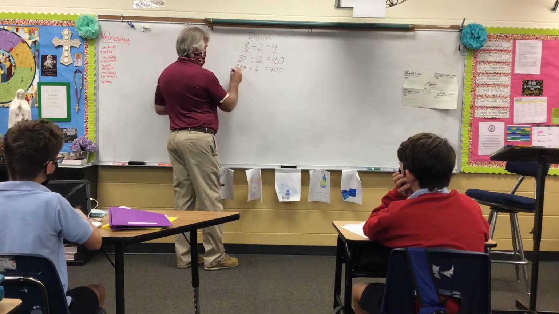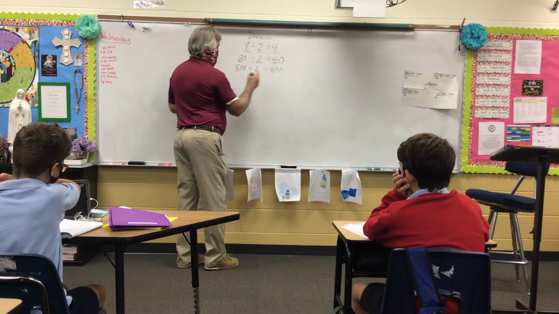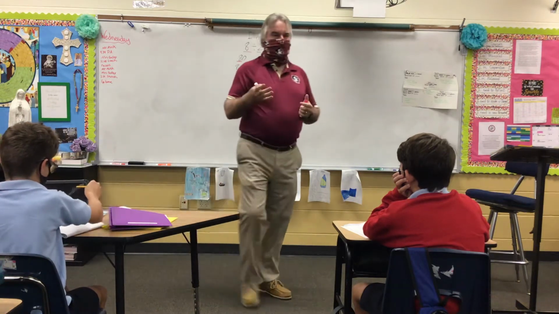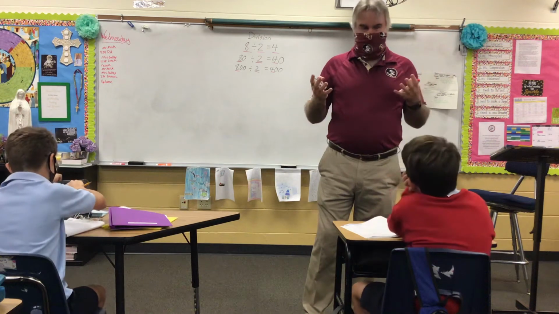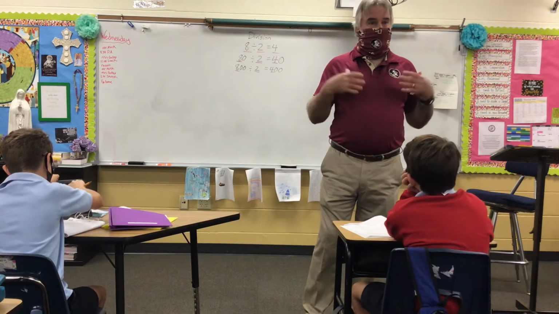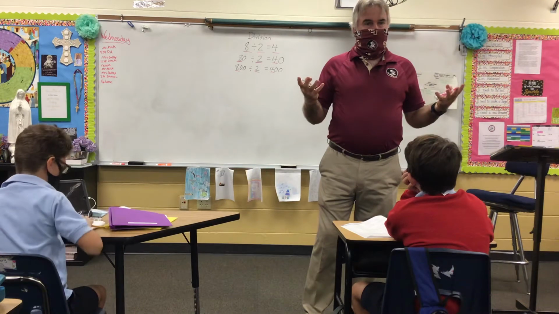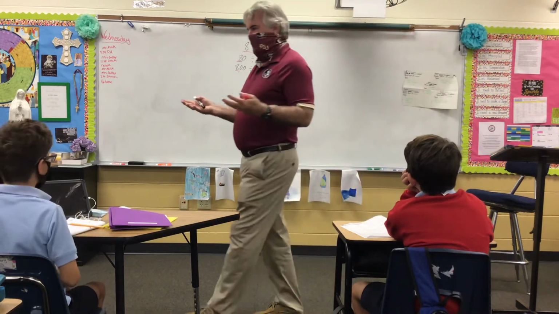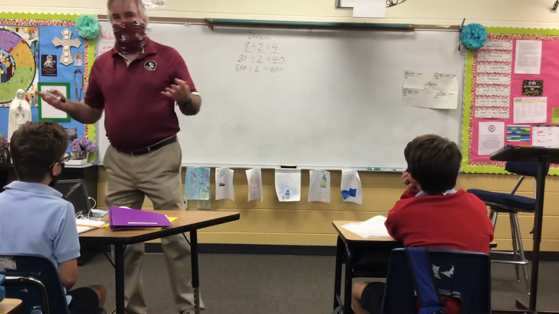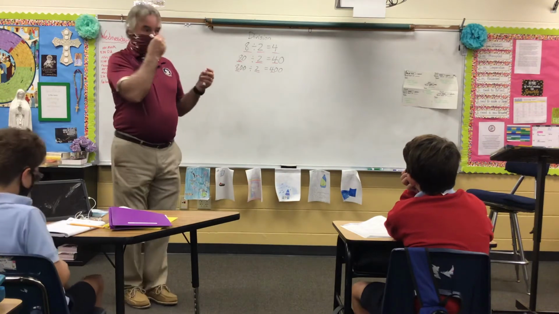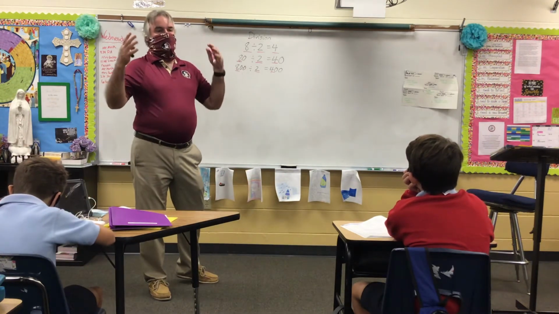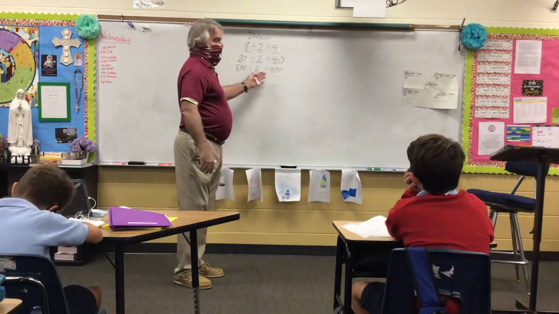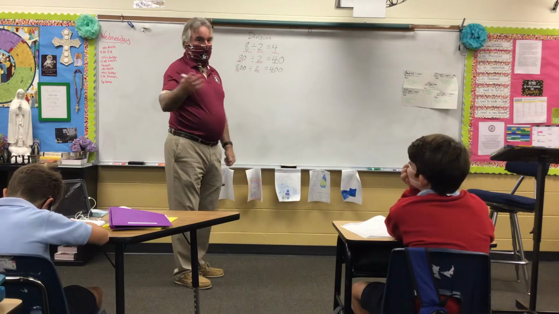Think about this: 800 divided by 2. When you're dividing something by 2, aren't you dividing it in half? So what's half of 800? 400. Isn't that what this problem is really asking you? So it's one way that you can check to make sure that you're getting it right also.